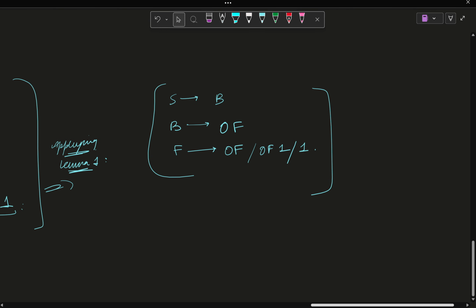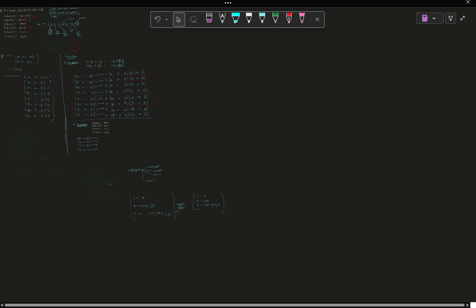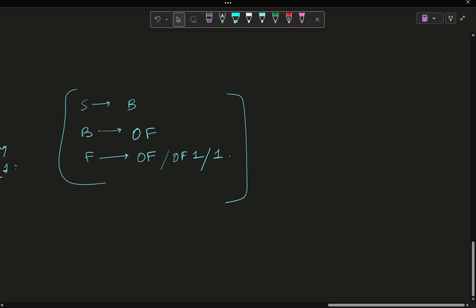Can you see the amount of work we have done? We have done all this and we were able to simplify it into these simple three productions, right? So here we can say that our language is basically comprised of these, and if we further try to simplify it, we can also come to this conclusion: S goes to 0F and F goes to 0F, 0F1 and 1.